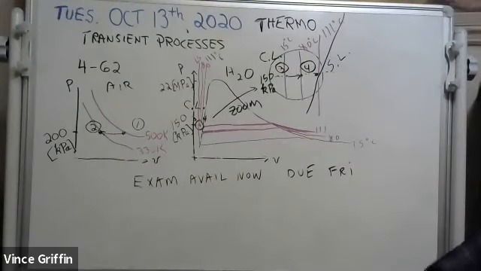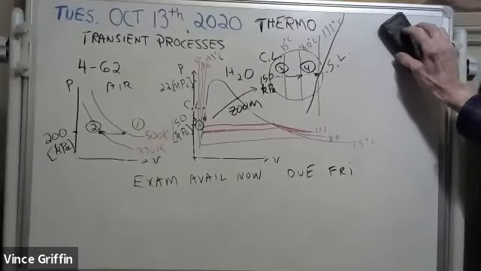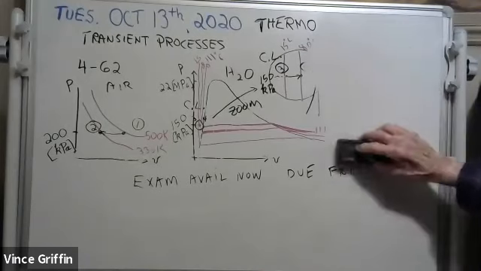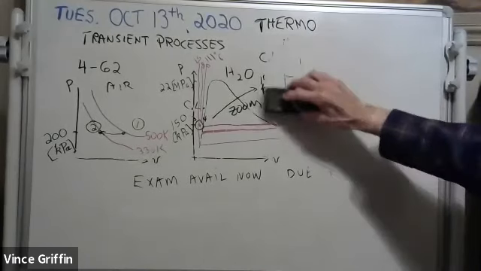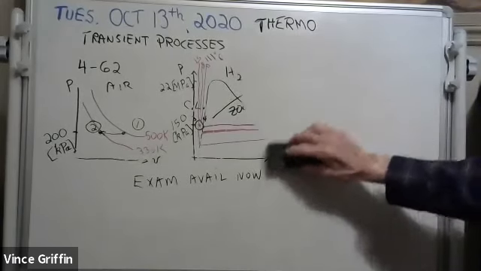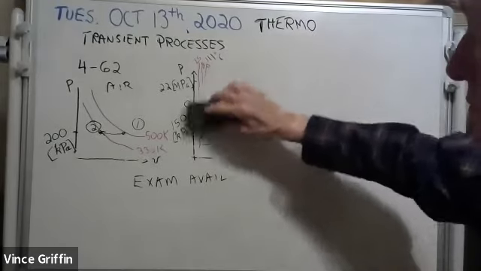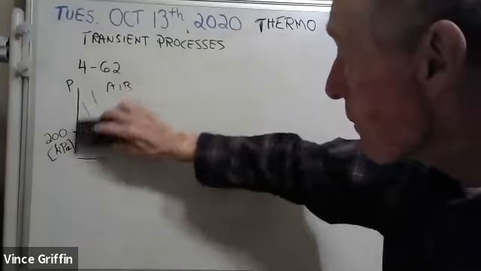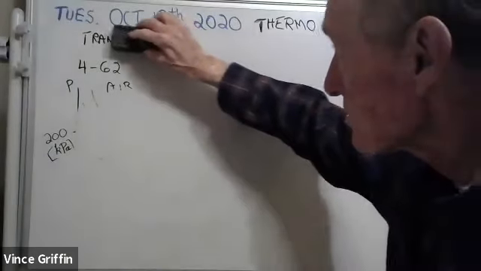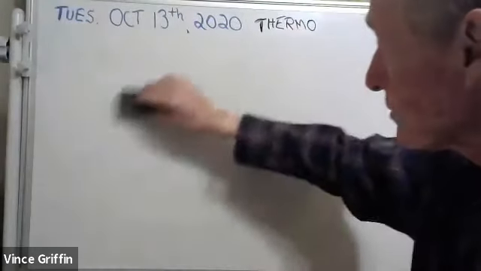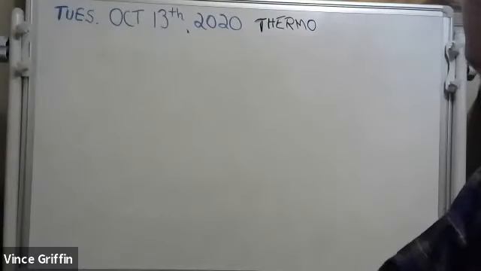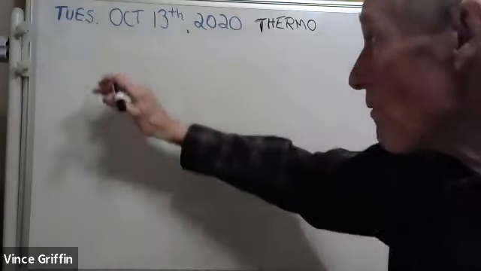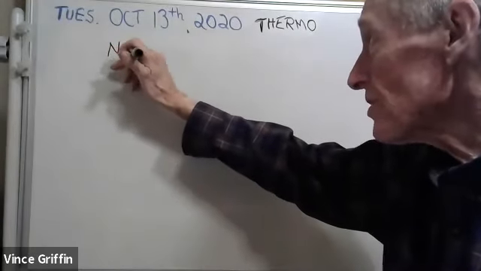But I'm gonna erase all this if you guys are happy. Before we do this transient process, this is a review thing about nozzles. I think there's a nozzle on the test.